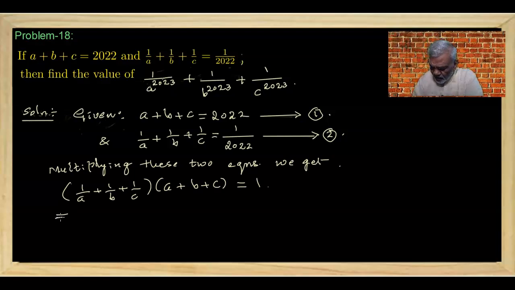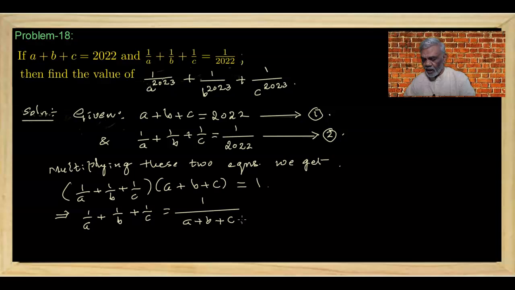And this implies 1 by a plus 1 by b plus 1 by c equal to 1 divided by a plus b plus c, means dividing both sides by a plus b plus c.